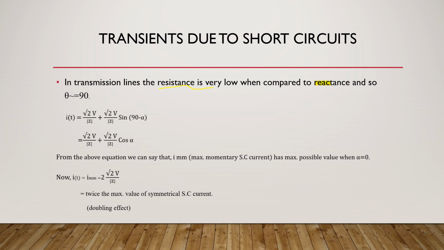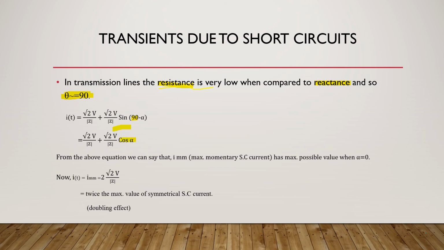Therefore, theta can be taken as approximately 90 degrees. If you do so, then in the previous equation, instead of theta we can write 90. Then sin(90 minus alpha) is nothing but cos alpha.